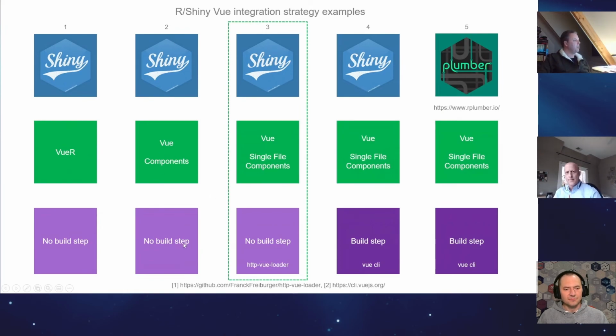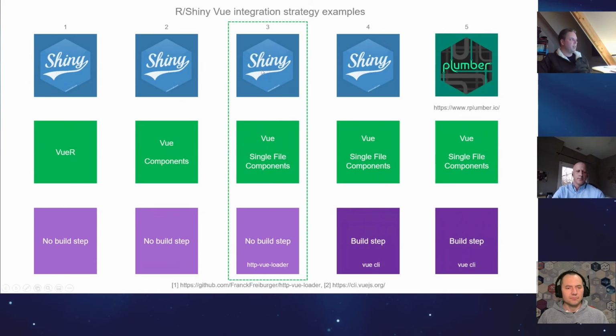So the second option is you just use Vue components, but you don't use single file components. So that is the button click thing that we showed, right? That button counter thing, sorry, that you define it that way. So you don't need the build system at all.